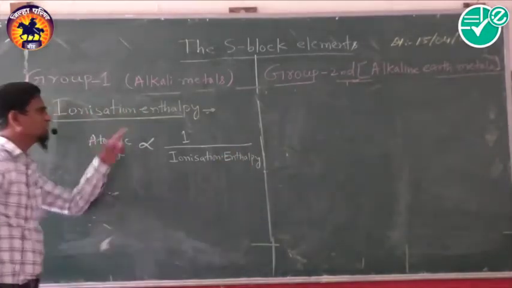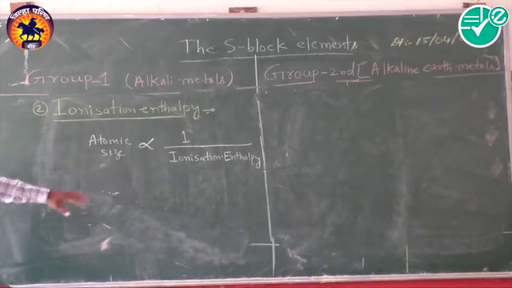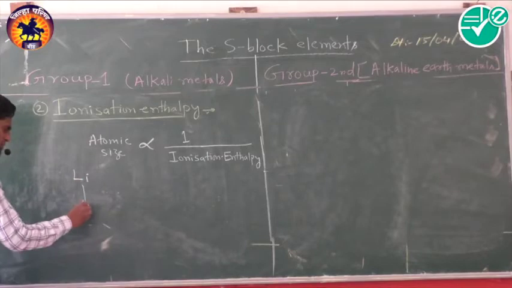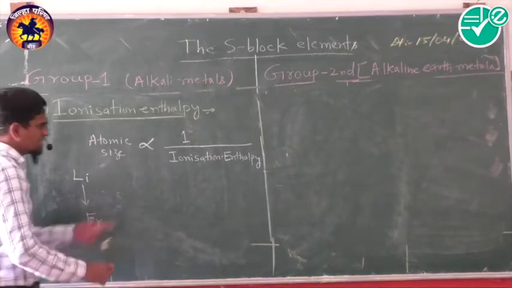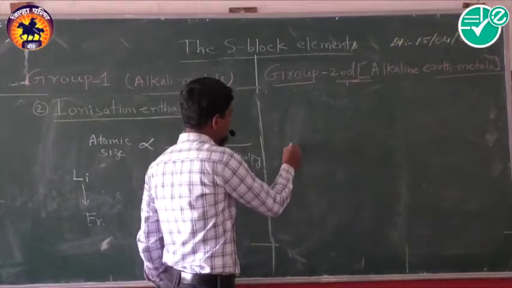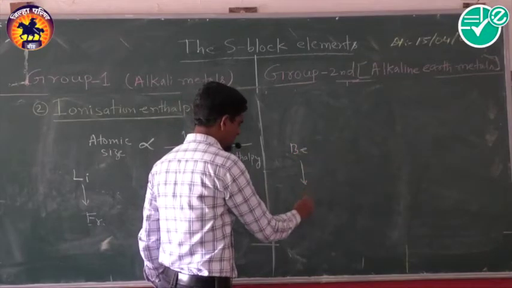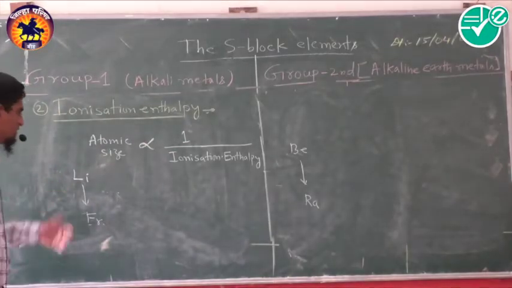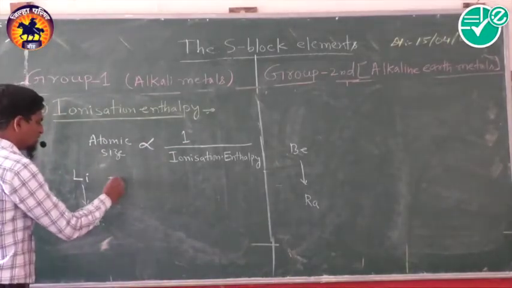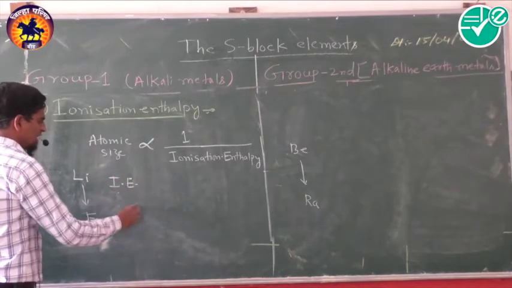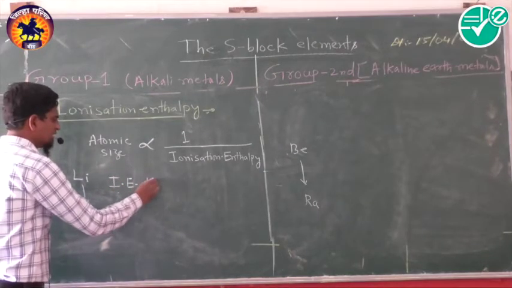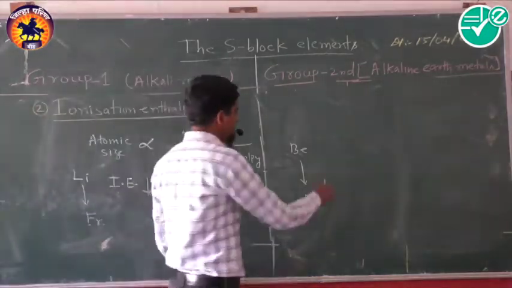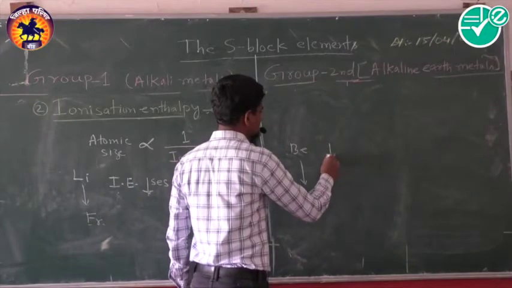So what happens in both cases, from top to bottom, lithium to francium, and in this case beryllium to radium? Ionization enthalpy, abbreviated as IE, decreases. Downward means decrease. Again it decreases.